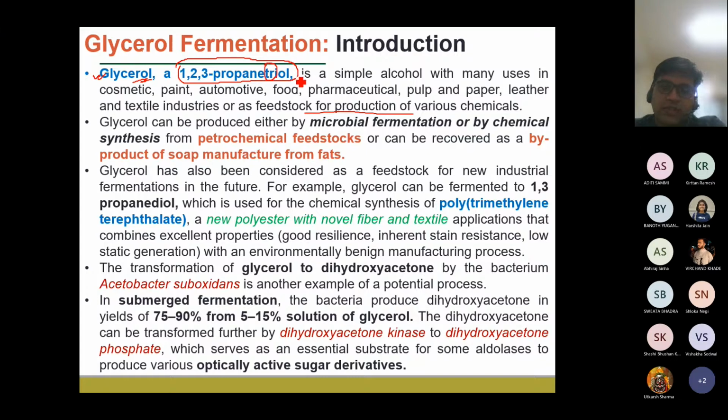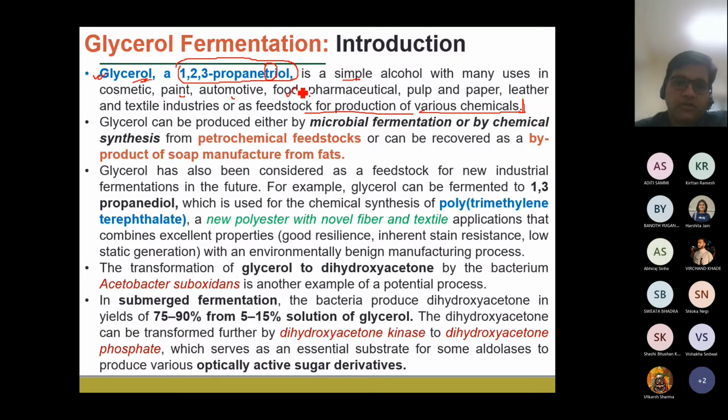So it is a form of alcohol, a simple alcohol with many uses, especially in cosmetics and paints as an additive, and in the automotive, food, pharmaceutical, pulp, paper, leather and textile industries, or as feedstock for production of various chemicals. So glycerol has a lot of applications and uses in different sectors.